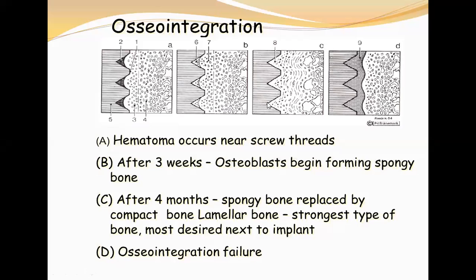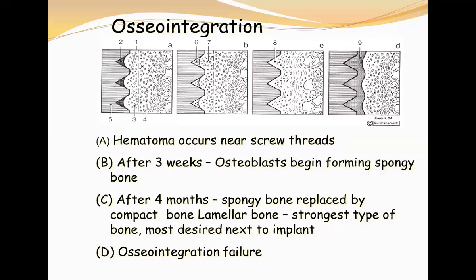But the book says that you have to leave the implant 4 to 6 months. This was presented by Pierre Brånemark in his first study, that you have to leave your implant 4 to 6 months in situ so that this whole process is completed.